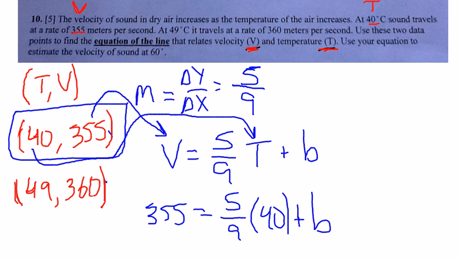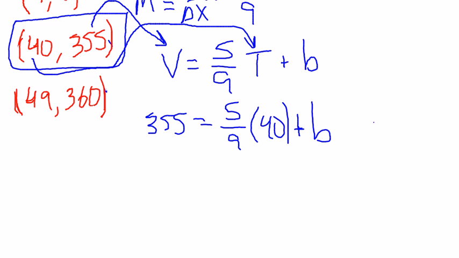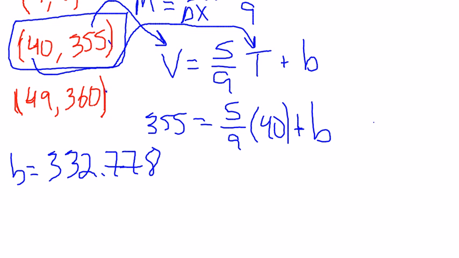From here, I'm going to use my calculator because I do not want to do that calculation in my head. I'm going to type in 5 over 9 times 40, and subtract that number from 355. When I do that, I get b equals 332.778.